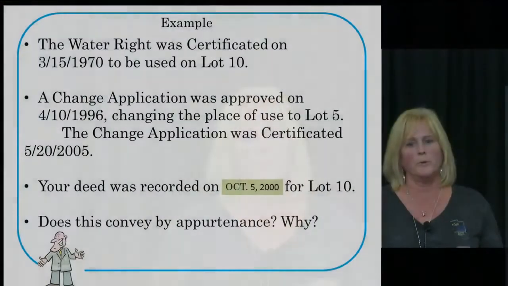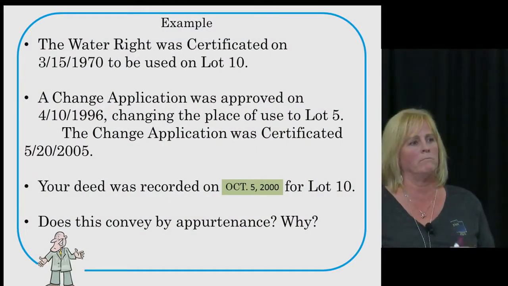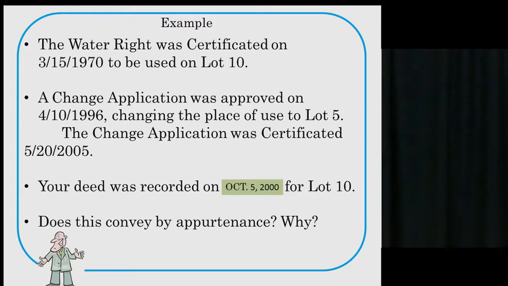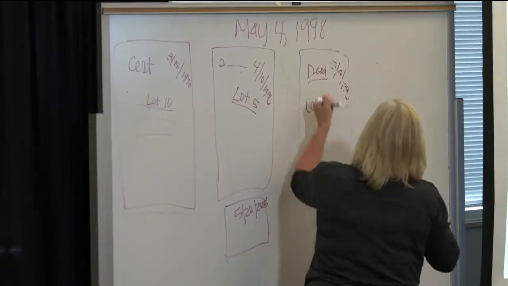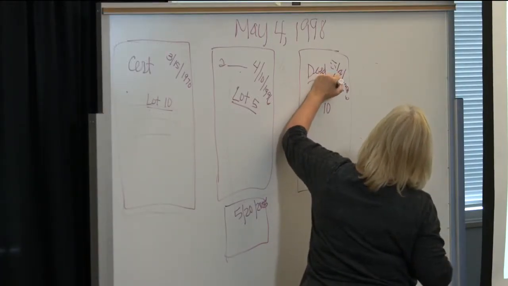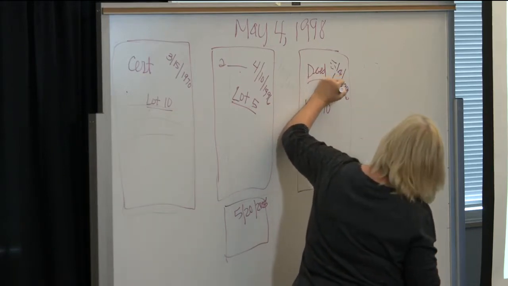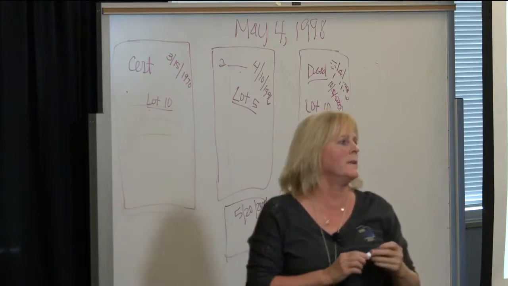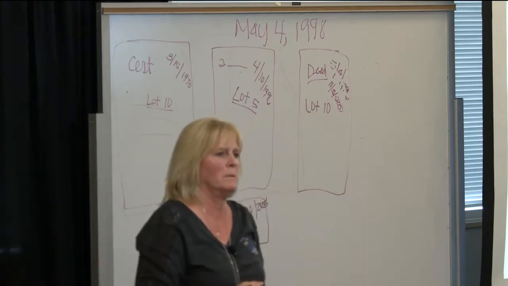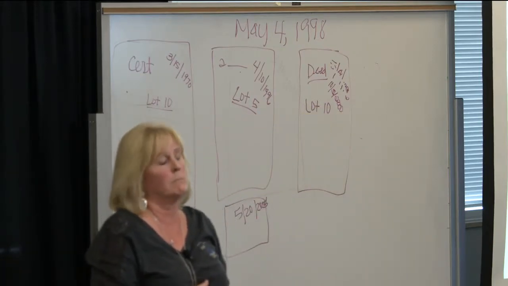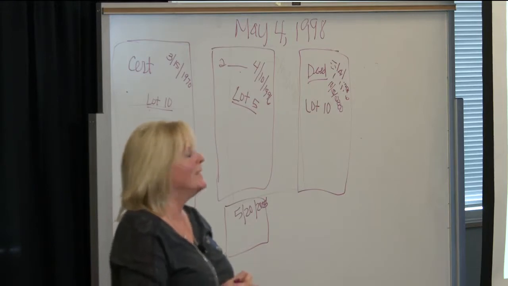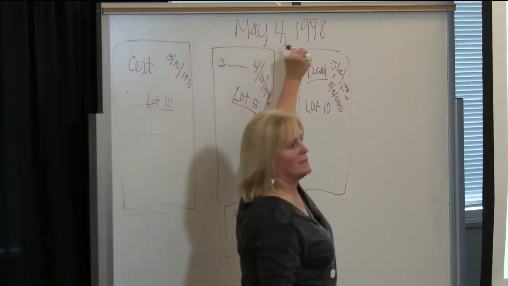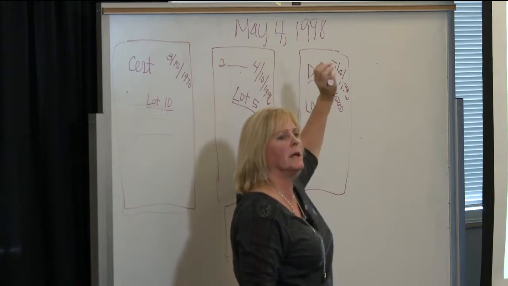So let's do that. Your deed was recorded October 5th, 2000 for Lot 10. So this is changed. It's now October 5th, 2000. So if they deeded it then, what would happen? Would it be appurtenant? Remember this date, May 4th, 1998.